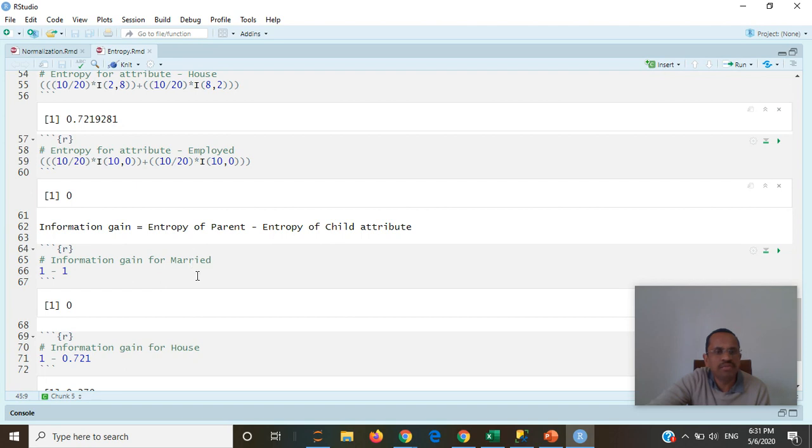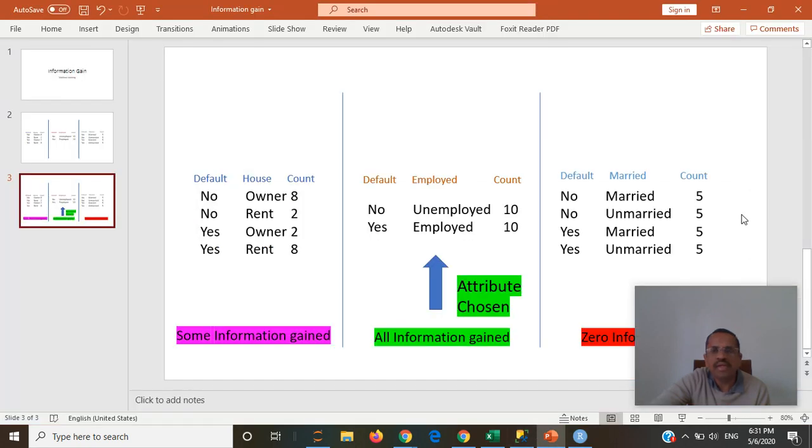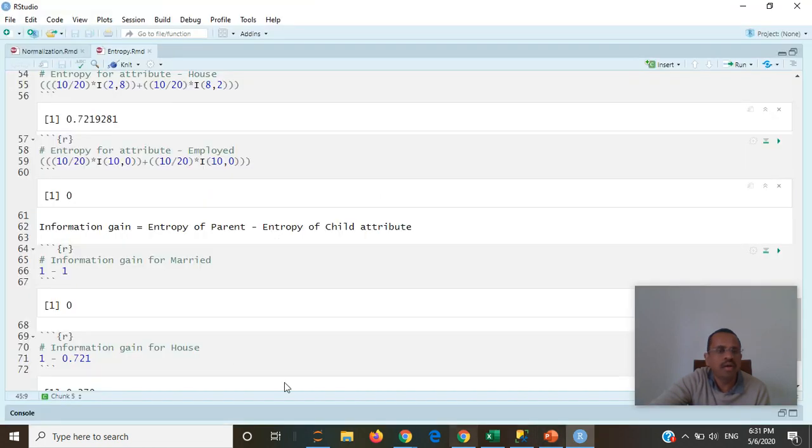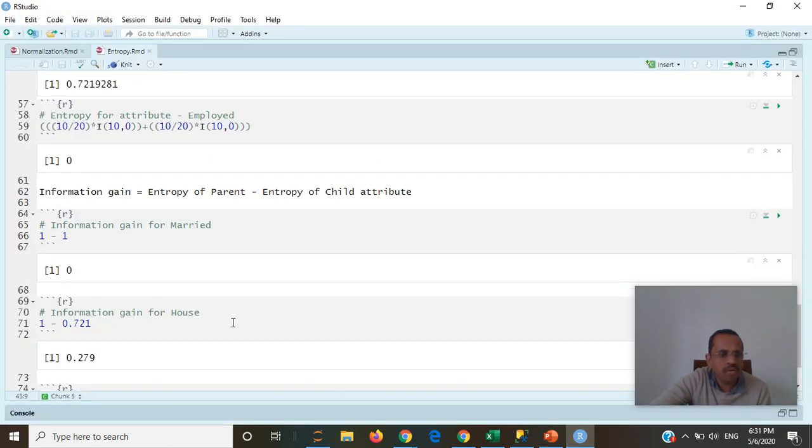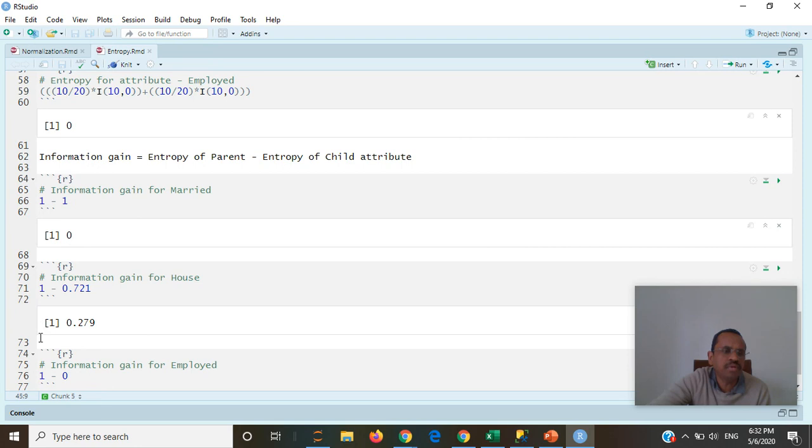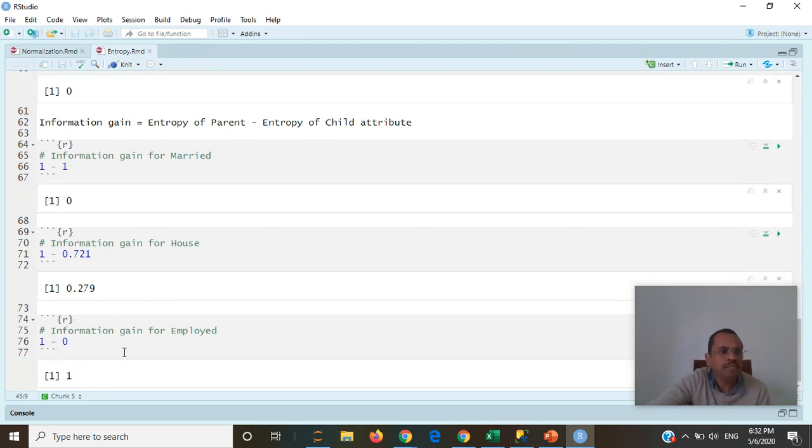So we can see from this table that for marital status, there is 0 information gain. Then for housing, we get a little bit of information. The information gain by this formula is 0.27, which is a modest amount of information we can get. It all depends on the admixture of attributes in the yes and no columns.